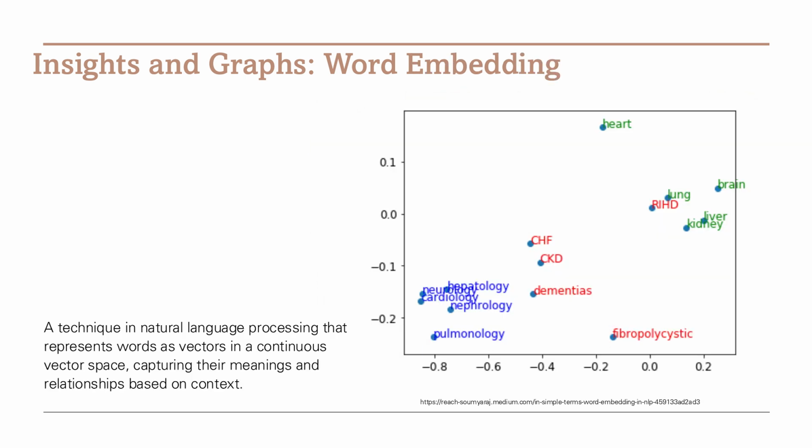And here is word embedding, as we talked about. If we see these colors, all words in green, like heart, brain, lung, liver, kidney, while all words in red are RIHD, CHF, CKD, and all words in blue, you can see that all words with the same color have something in common. This is mainly the idea of word embedding.